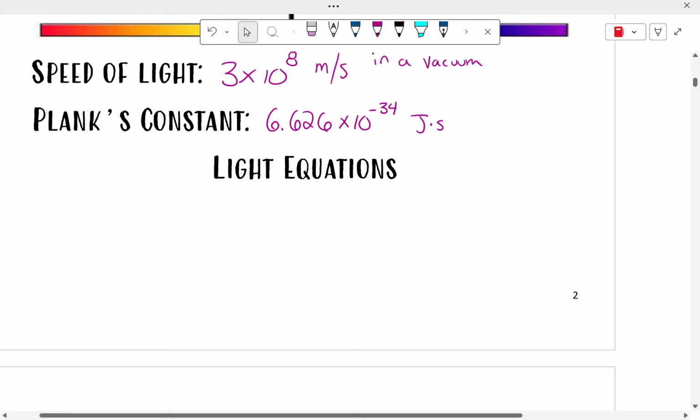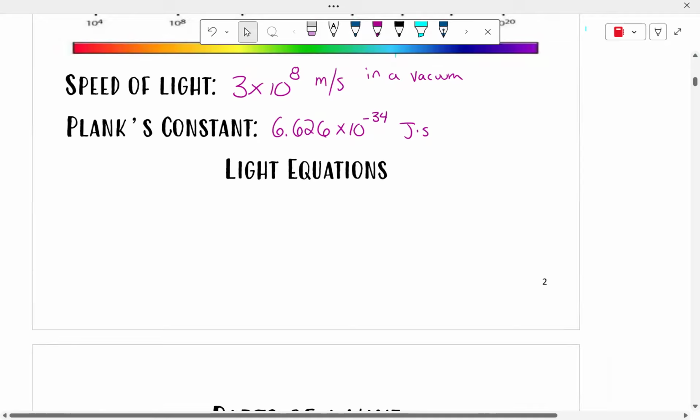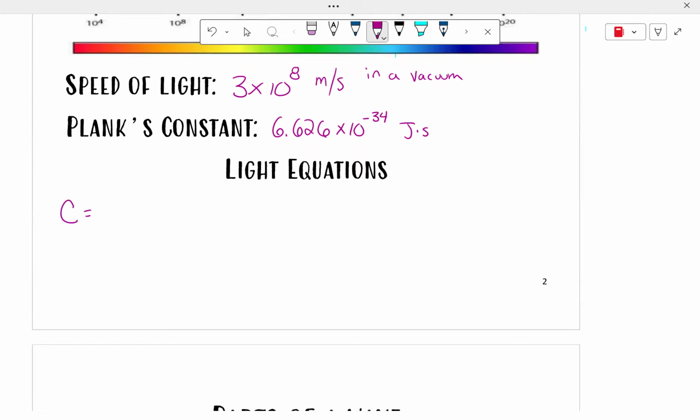These two equations are going to be related as such. We have our speed of light, again 3 times 10 to the eighth meters per second, is equal to the wavelength times the frequency. When we get into parts of a wave, we'll explain how that makes sense a little bit more.